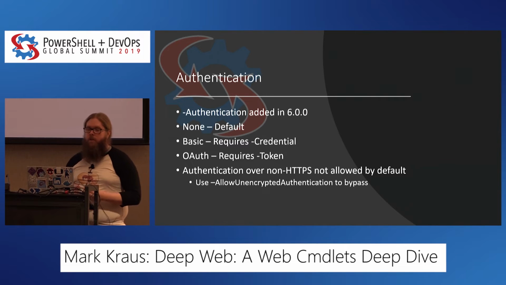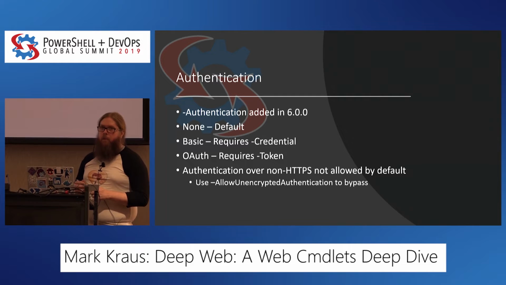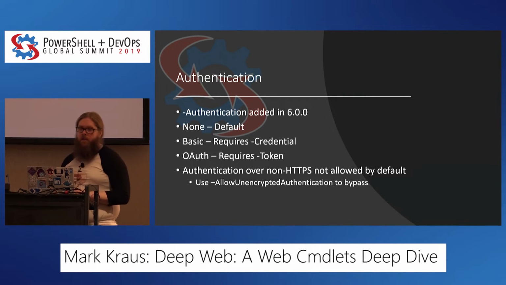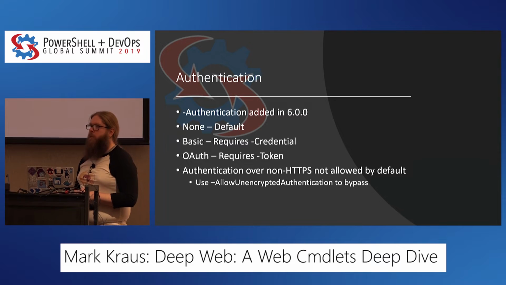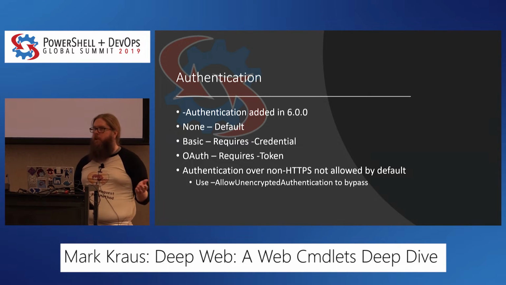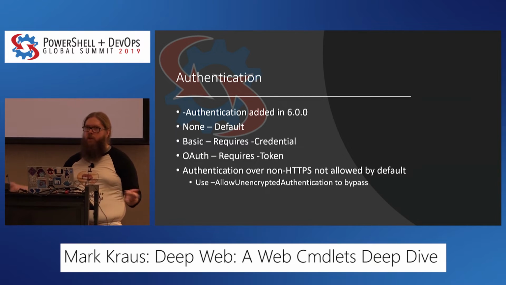So authentication. One of the reasons why I got involved with the web cmdlets myself and programming on them was that the authentication for using them was kind of painful. We had this Credential parameter on Windows PowerShell that seemed to do nothing like you wanted it to. Like you passed in a credential, but it still didn't do basic authentication. What is it doing?